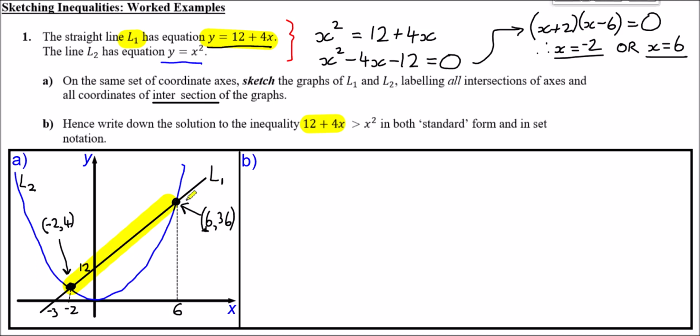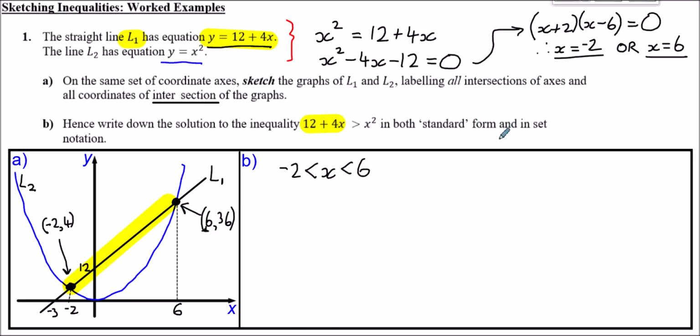Over here, it goes below the parabola, and down here, below -2, again, it ends up being below this blue parabola. But in between -2 and 6, that's where we're interested. And so for part B, we're wanting x to be in between -2 and 6.